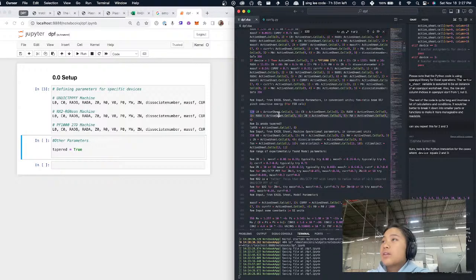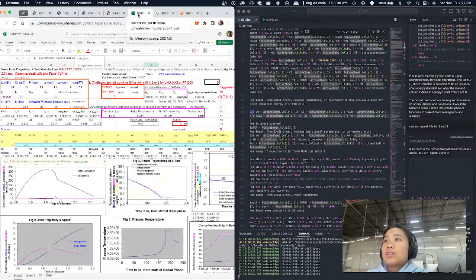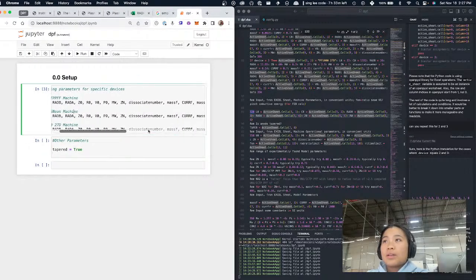These are calling for different parts of the active sheet. Okay, yeah, so now it's self-assigning each of these, but otherwise we would be assigning these manually.